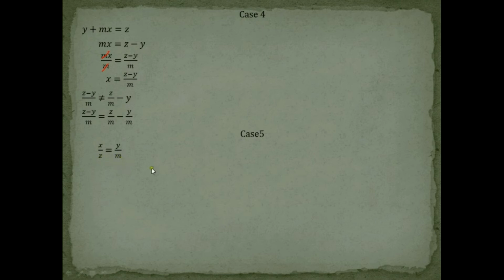So what do we do with this LCM? We use it to multiply each term. We have two terms, one on either side, so we multiply both sides by the LCM. Then we have zm times x over z, and zm times y over m.